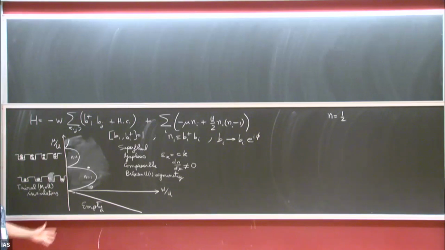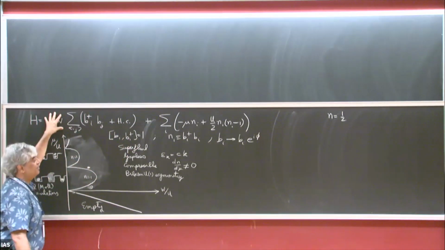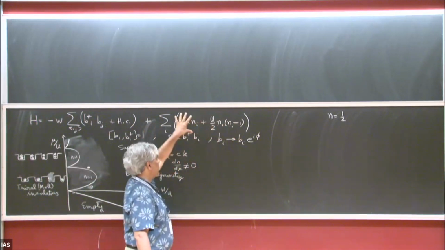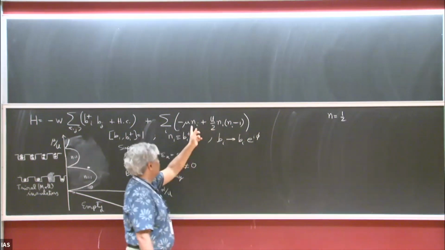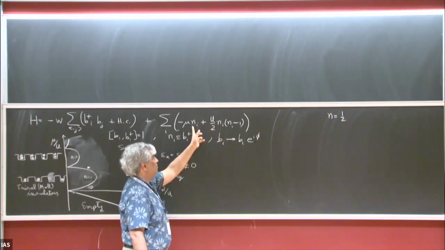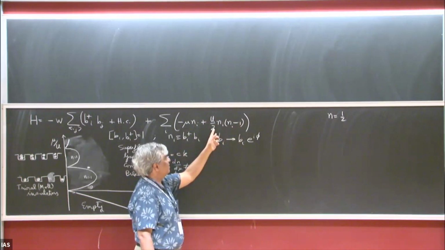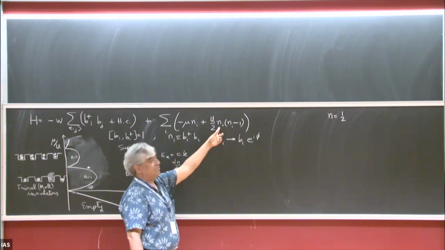What happens there for this Hamiltonian? Let's just put W equal to 0. Then all you have to do is look for minima of this interaction. You fix the total density, so even this term doesn't make any difference. You simply have to make sure, to minimize the energy, that there's never more than 1 particle on each site. And then this will give you 0.